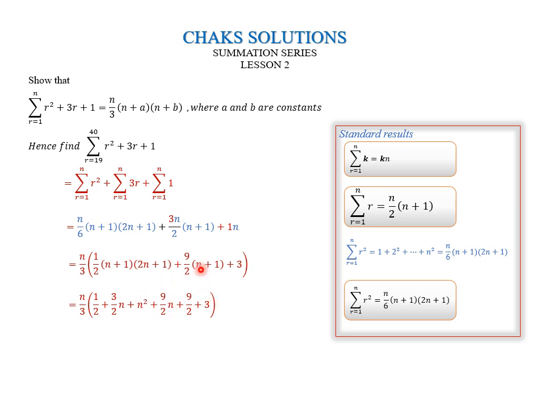Then we group the like terms, which gives n over 3 times n squared, then 3 over 2 n plus 9 over 2 n is 6n, and then half plus 9 over 2 plus 3, which is 8, with n over 3 outside. Now we factorize this, and we get n over 3, then n plus 2, then n plus 4.